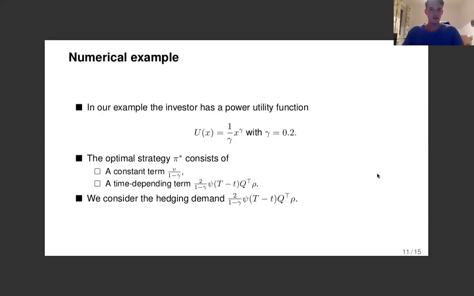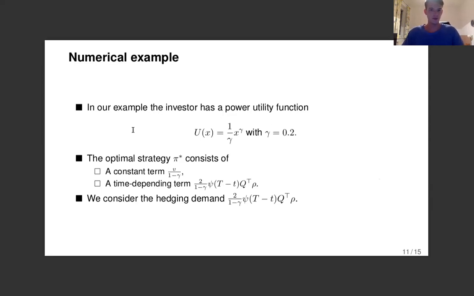The investor we consider in our example has a power utility function, and for his risk aversion parameter we choose gamma equals 0.2. So our investor is less risk averse than in the logarithmic case. This is a kind of moderate risk aversion. And we are interested in the optimal strategy for this investor.